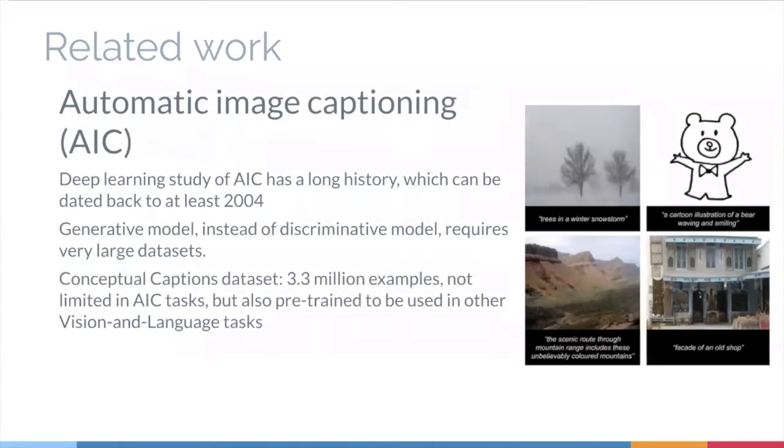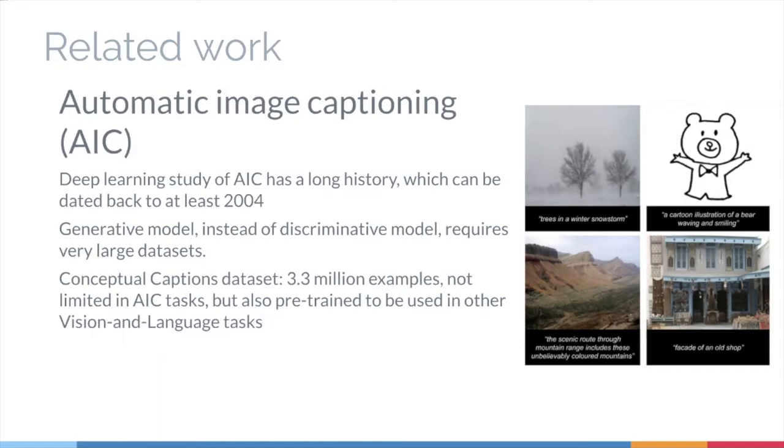Another similar work is called automatic image captioning, AIC. The study of AIC has a long history, which can be dated back to at least 2004. The challenging thing about AIC is that it requires a generative model instead of a discriminative model, which requires very large datasets.